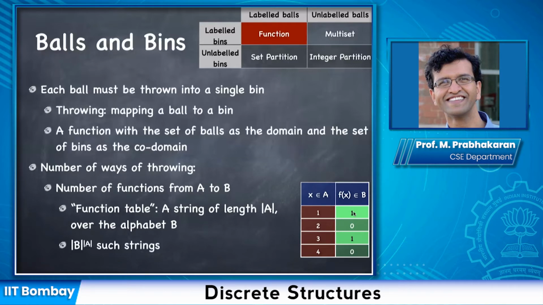And this is something we have already seen. If you have an alphabet of size n, and you're looking to build a string of length k, then the total number of such strings is n to the power k, or in this case, the size of B to the power the size of A. So that's the number of strings, so that's the number of functions, and that is all the ways of throwing balls into bins.